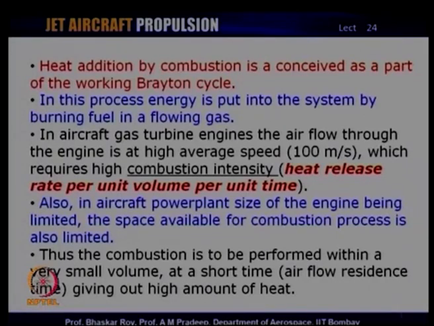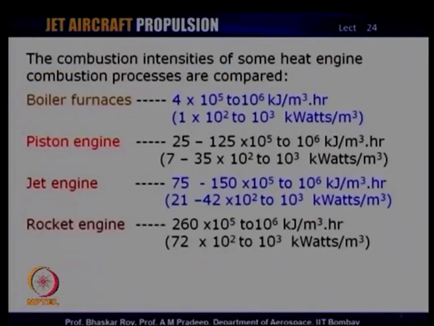Let us continue with this fundamental understanding. The combustion intensity which I mentioned varies from one kind of engine to another. Let us take a quick look at what are the numbers that we are talking about.